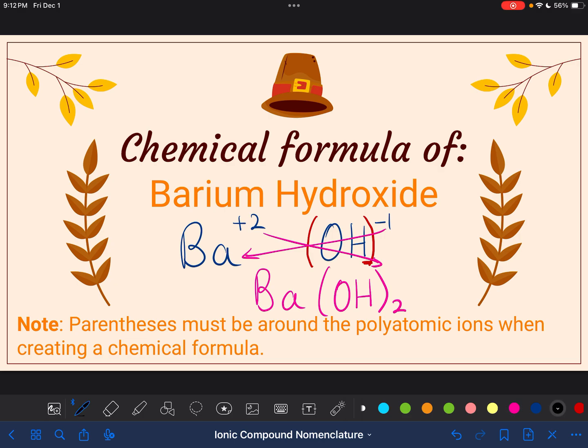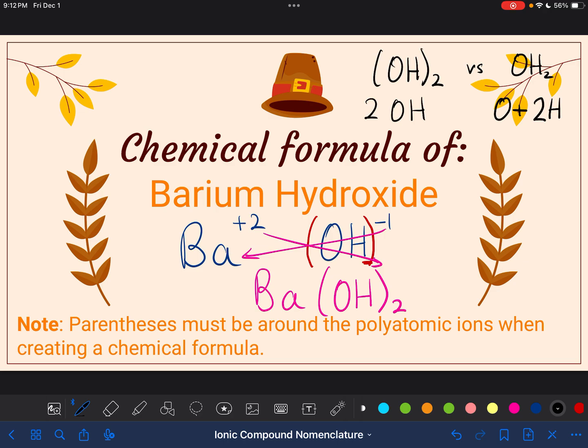If you want to know, (OH)2 means that there are 2 OHs, versus OH2, which means we have an oxygen and 2 hydrogens. This is the reason why it makes a big difference between those two. So please, please, please, with polyatomic ions, you must put parentheses over them and then put the subscripts down. Okay?